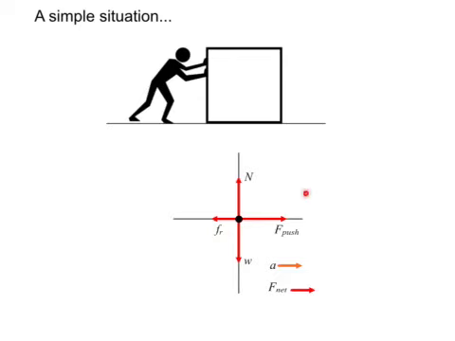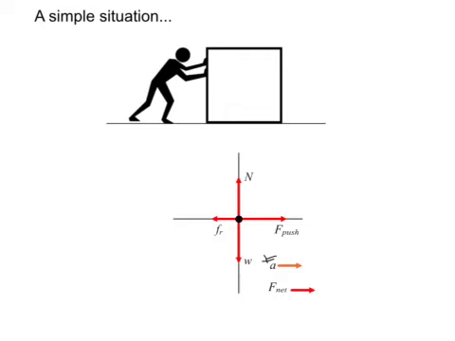The way this free body diagram is drawn, we're showing a net force to the right. Therefore, we have an acceleration to the right. And that tells us the acceleration is a positive acceleration because it's off to the right.